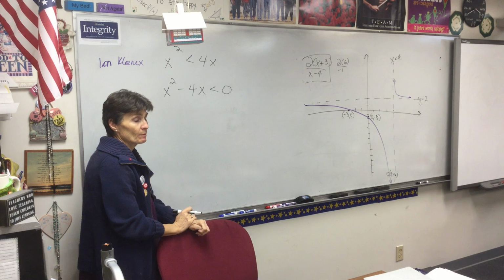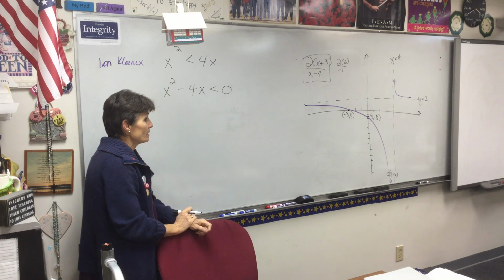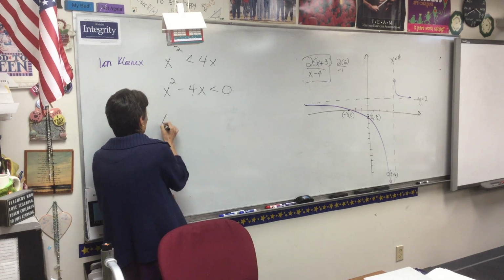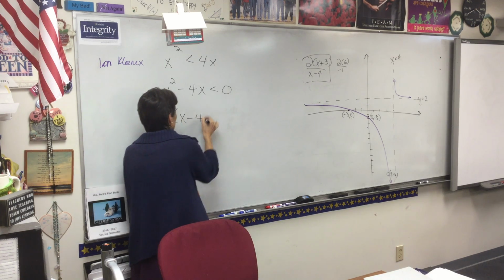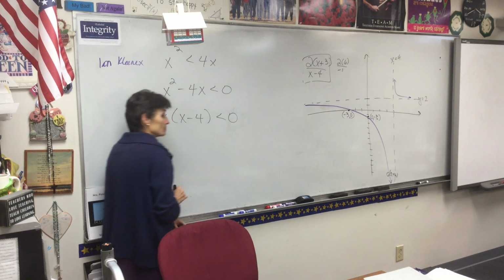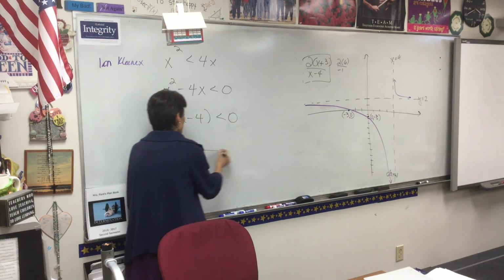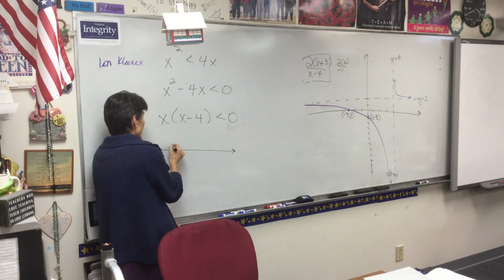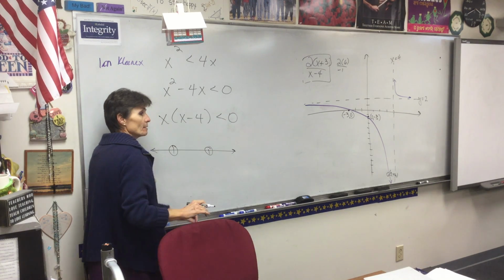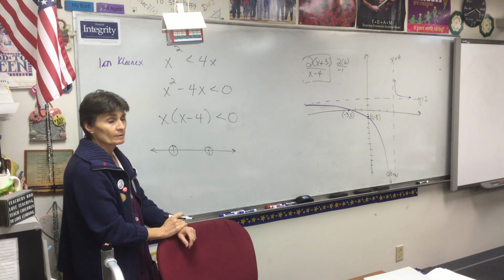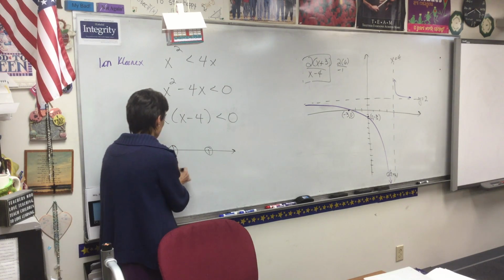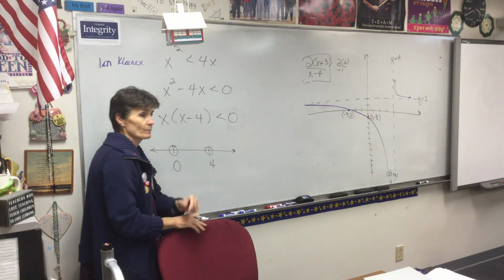Then you factor it, and we're not gonna be confused. It's a GCF, that's the factoring I'm gonna do. We're just gonna take out an x. Then we'll draw our handy dandy number line. And there's going to be 2 dots on that number line. The dots are going to be at 0 and 4, right?